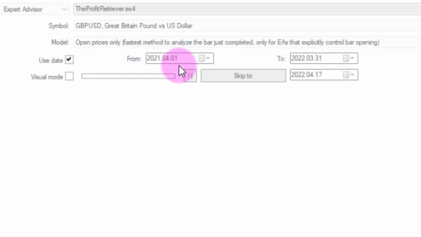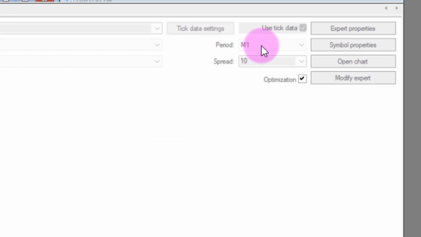So I'm using a date from the 1st of April last year, April Fool's Day, to the 31st of March this year. So I'm covering a nice year period. I'm testing on the 1 minute time frame, and I'm using a spread of 1. I am actually using tick data, although I'm not using the tick data model. So there we are, that's what I'm doing, and so far the optimization results are pretty good.